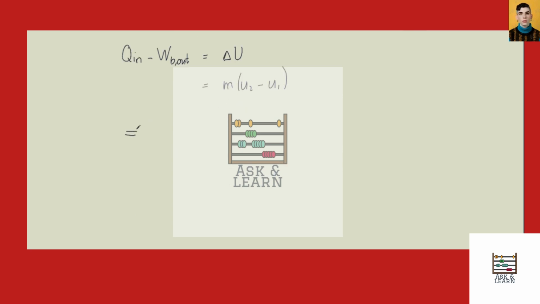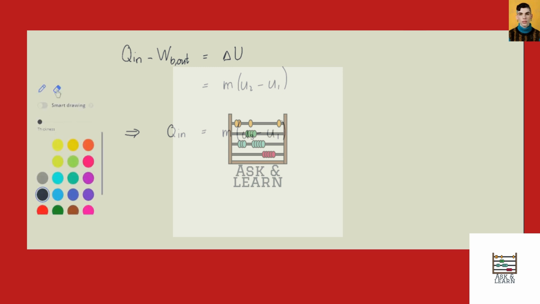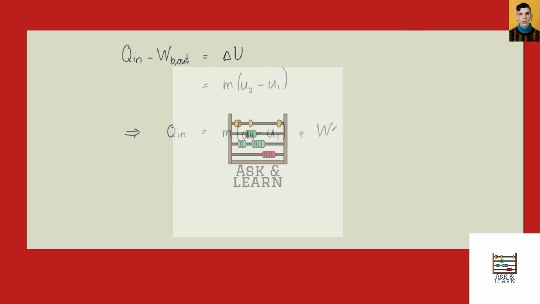If we take the boundary work across onto the other side of the equation, we get that the heat into the system must be m into U3 minus U1. In this case, it is U3, the final internal energy in state 3, when the pressure has now doubled, plus the boundary work out of the system.